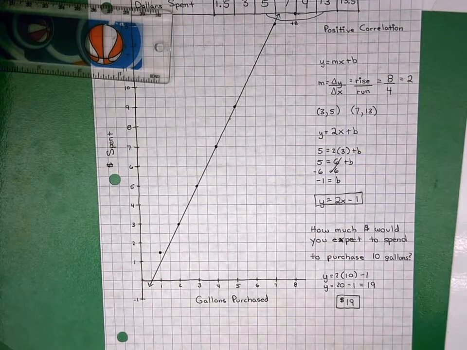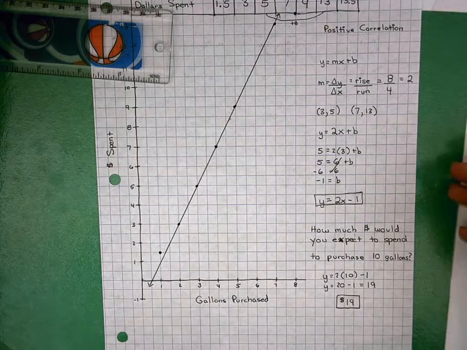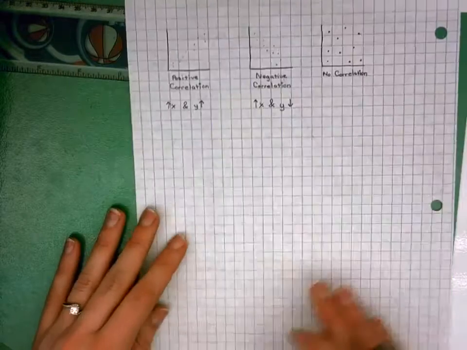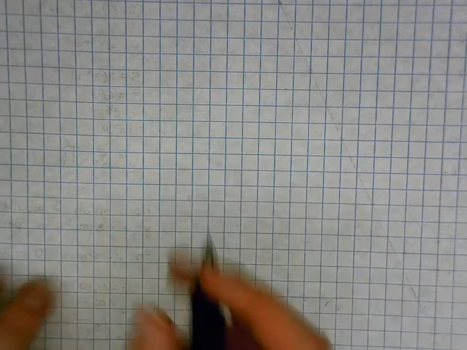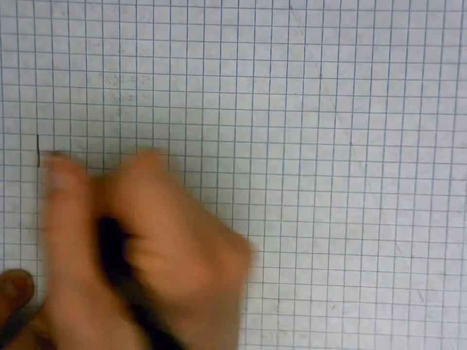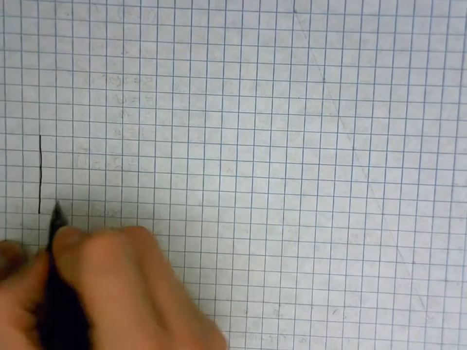The final one is our correlation coefficient. So I'm going to go ahead and turn this over and zoom back in. Our correlation coefficient is designed to measure the relative strength of something. Right? So if we were looking, for example, at a graph that looked like this one.